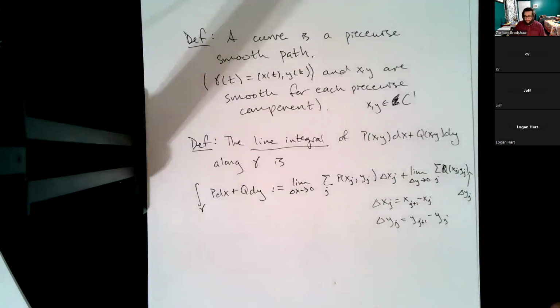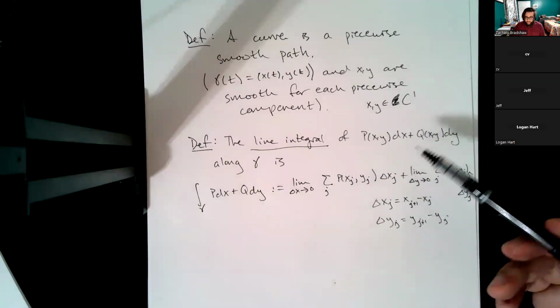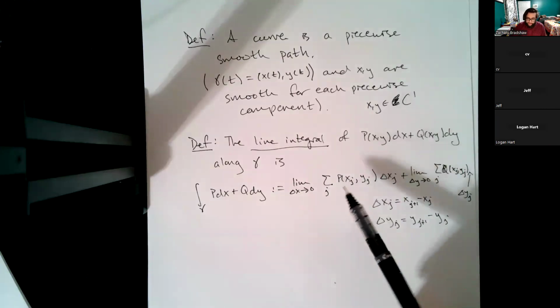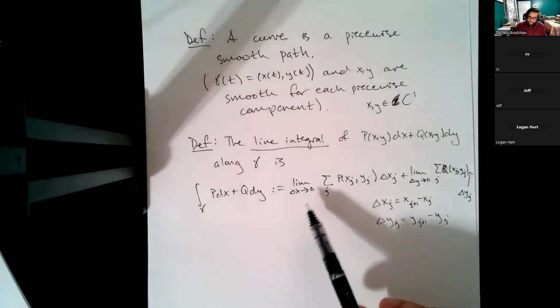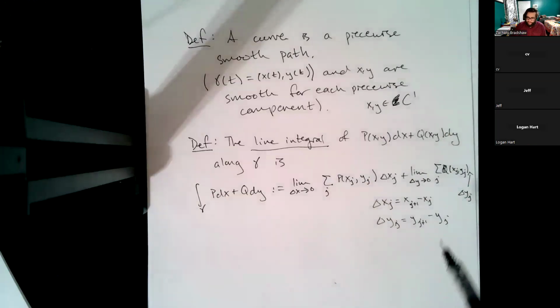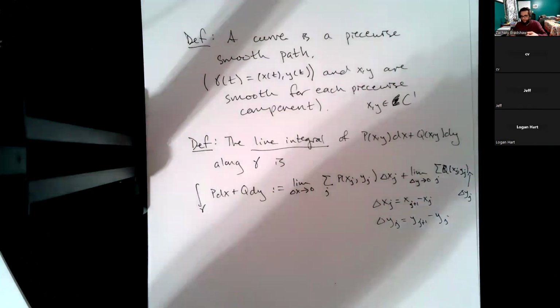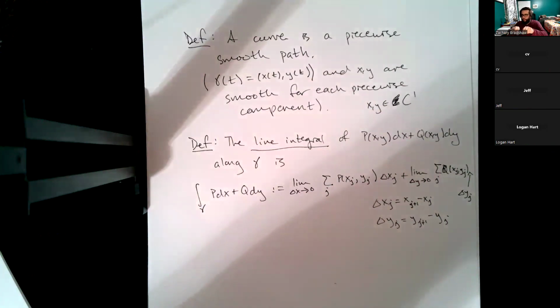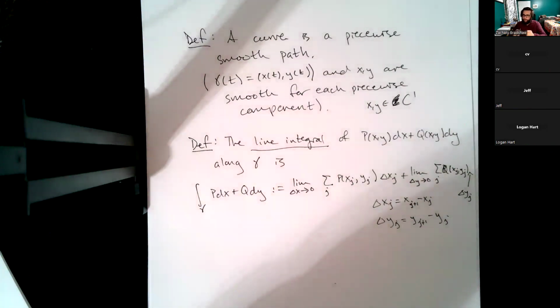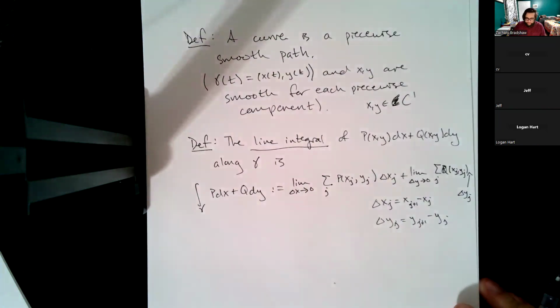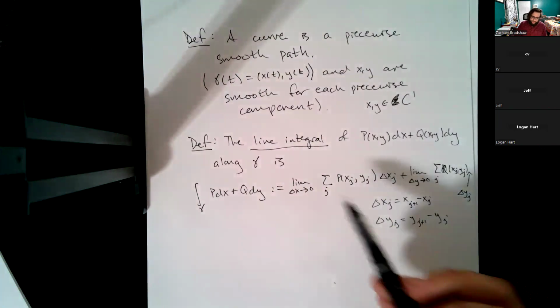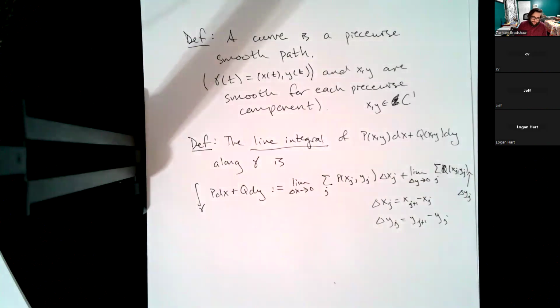Okay. So we call this the line integral of this differential whenever these limits exist. As we let the distance between the points in our discretization get smaller, we get closer to this continuous version of a sum, which is supposed to be what an integral is. Right? So when these limits exist, then this thing is defined and it's called the line integral.